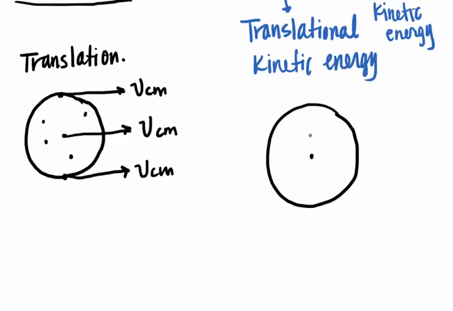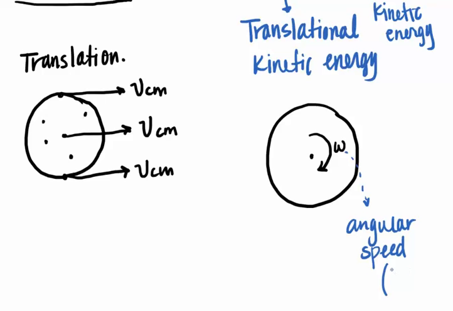So this thing is spinning and it has that angular speed, that was the omega, the angular speed. I'll take my little blue pen over here. And if you remember, it was in radians per second, so it even looked like a speed.